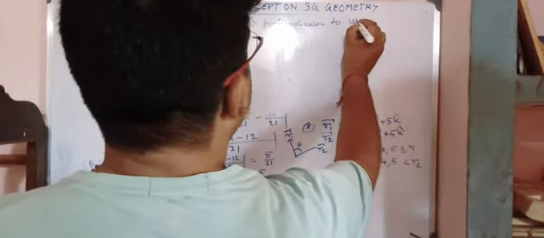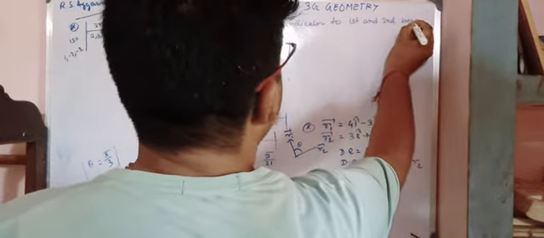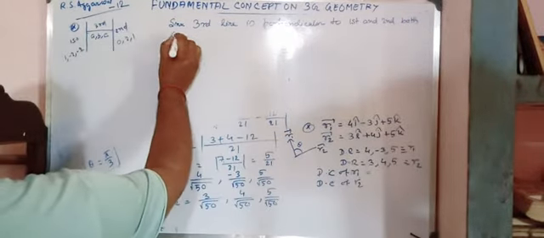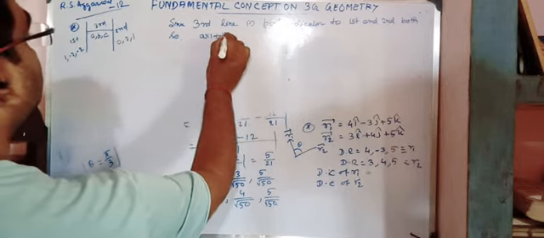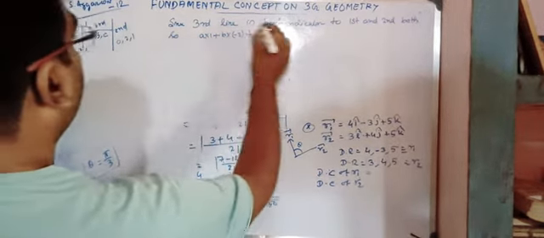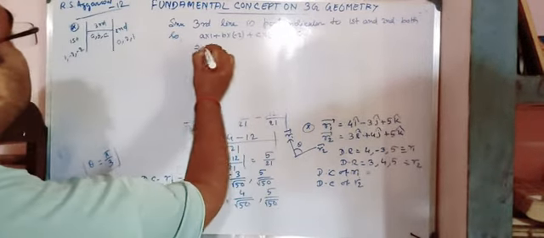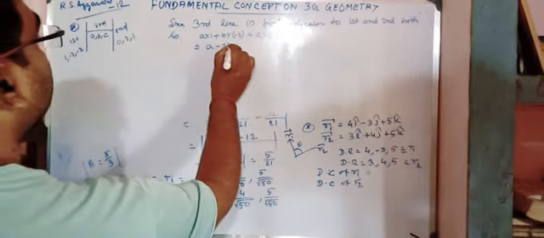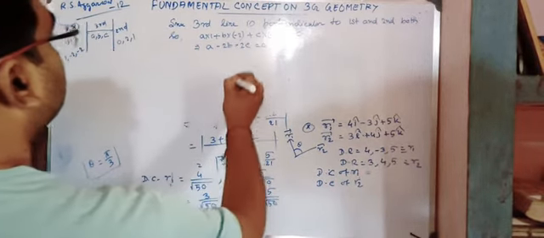So a into 1 plus b into -2 plus c into -2 is equal to 0. That is a minus 2b minus 2c equals 0.